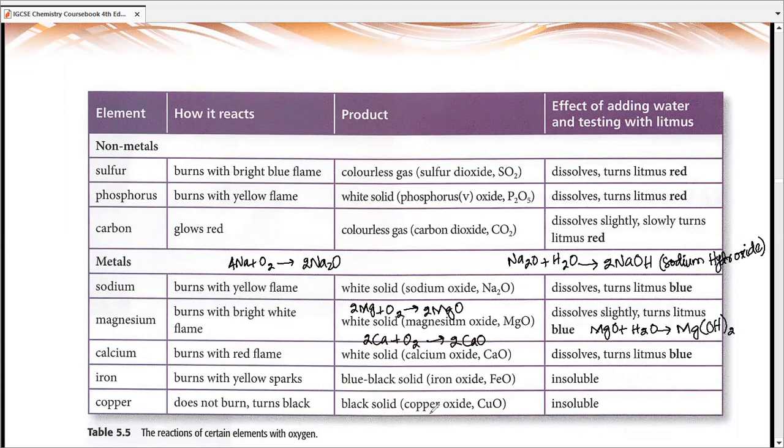Sir, won't we balance the equation for magnesium when it reacts with water? Magnesium oxide in water, beta? Won't we balance it? It's already balanced. MgO plus H2O gives us Mg(OH)2.